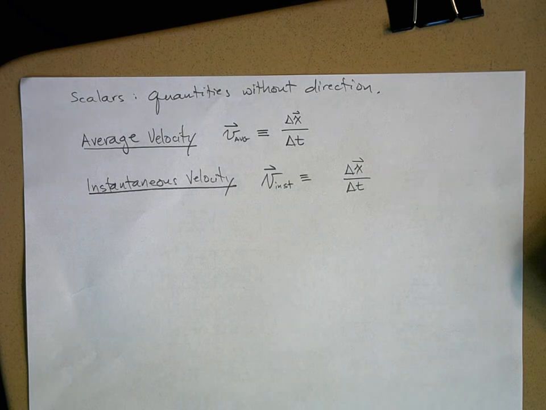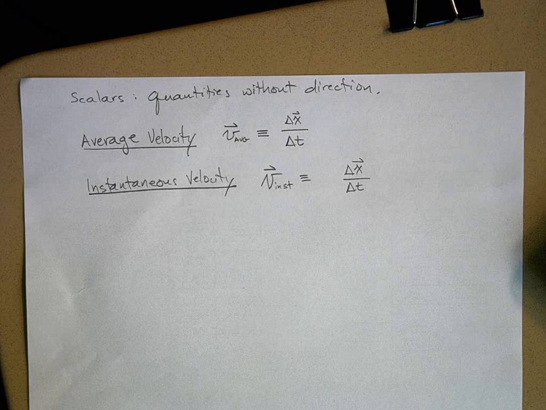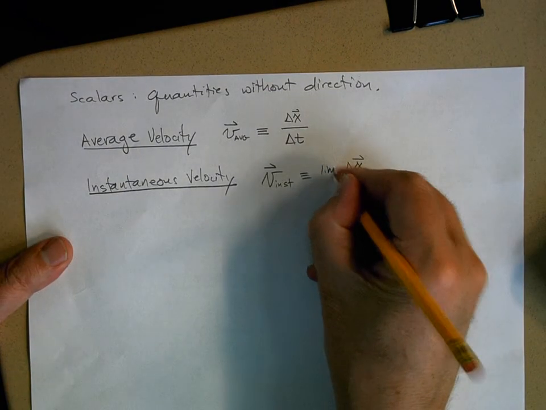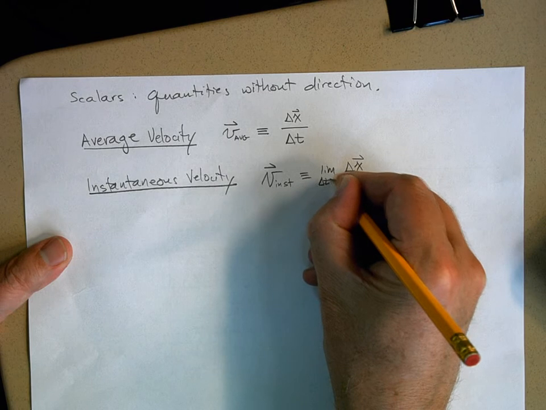Delta t is teensy, the technical term is teensy weensy, right? Delta t is tiny. It's for the smallest possible conceivable span of time. It's infinitesimally small. And we say that by taking the limit and letting delta t approach 0.